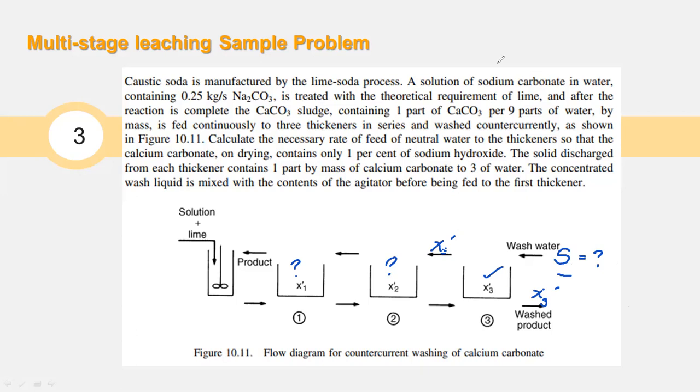And for us to be able to do that, of course, we need to go back to our board. Okay, so for thickener 1, we have the concentration of the underflow being equal to, remember that this concentration is solute over solvent only.